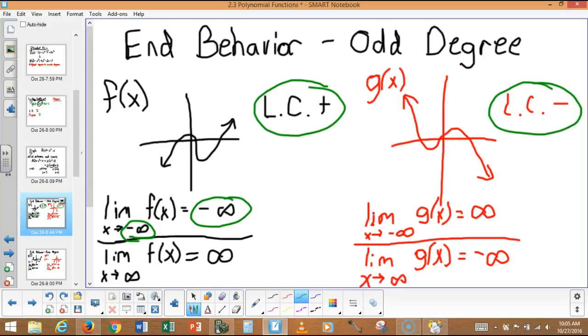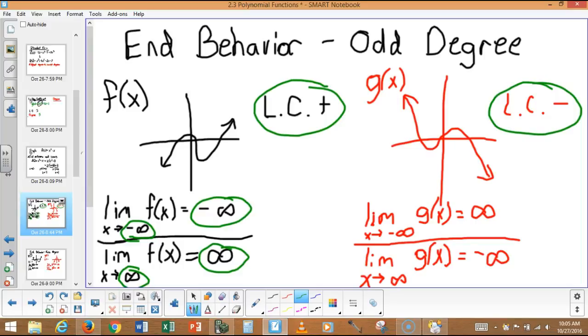That is what the limit is saying. The limit as our x values are approaching -infinity of our function f of x equals -infinity. As we approach x values to the right of our graph, approaching positive infinity, our y values are also approaching positive infinity.